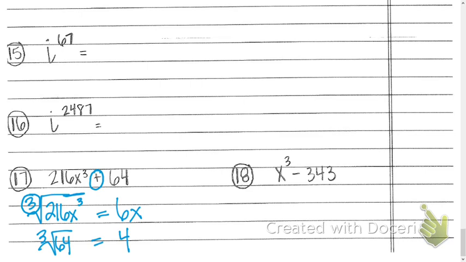So flip back to number 4, and I want you to write the sum of cubes formula. A plus B times A squared minus AB plus B squared.